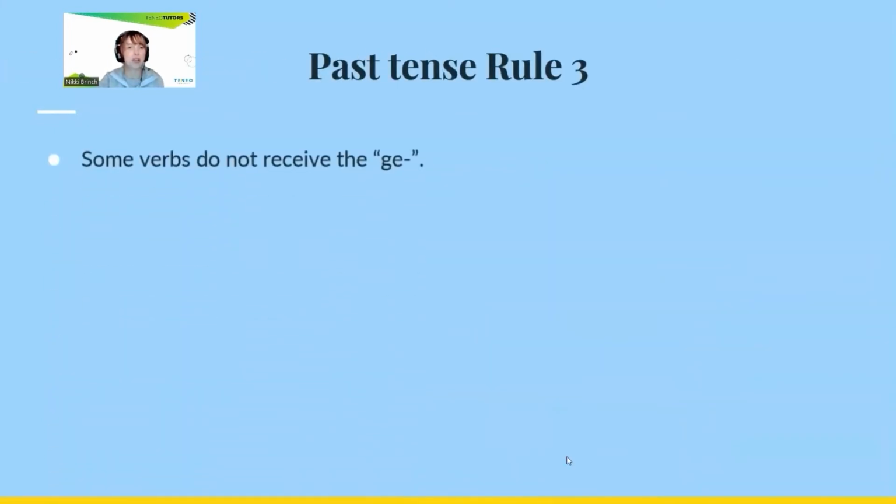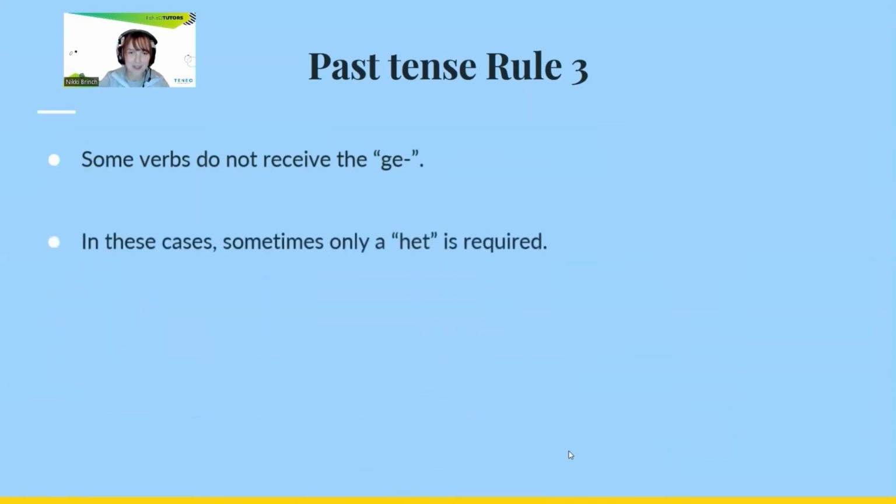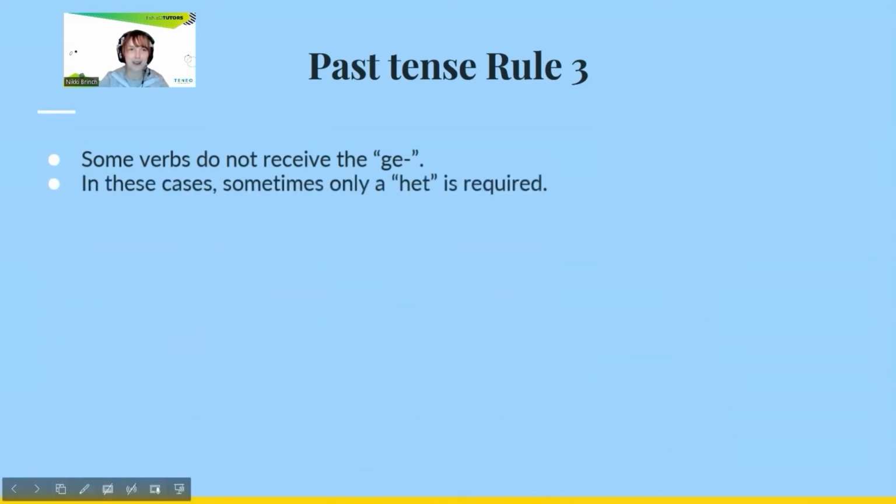Past tense rule 3: some verbs do not get a ge. They do not get that prefix, that stamp that says you were trying to get into the party. Why does this happen? In some cases, only a het is required. That's even more confusing. What's going on now?